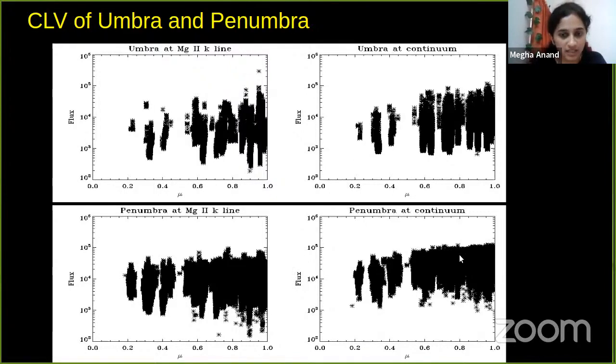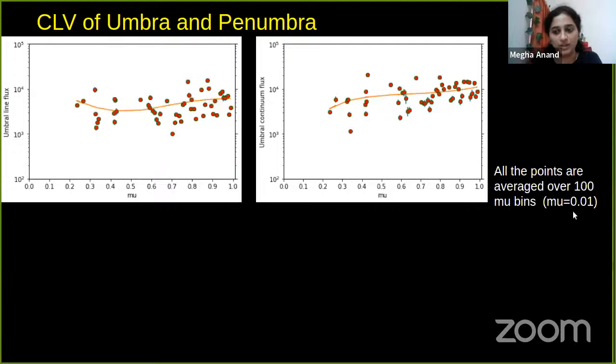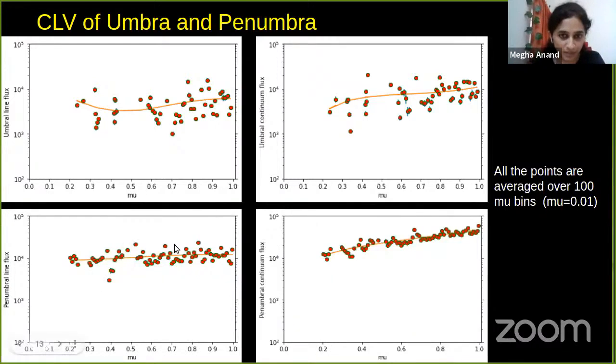So in order to see this trend, we average it over different mu bins of 0.1 value. So this is the umbral line and continuum variation. We have a lot of scatter here because the statistics is not good for the case of umbra, but it is somewhat better for the case of penumbra.